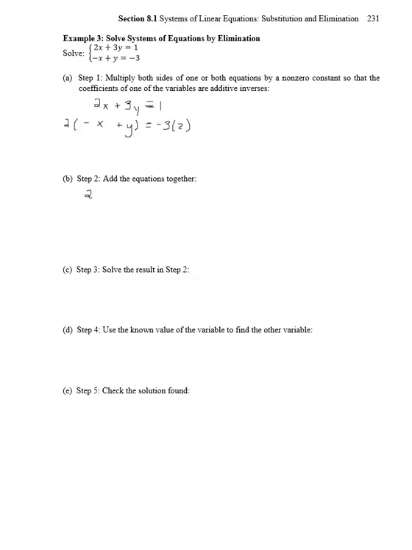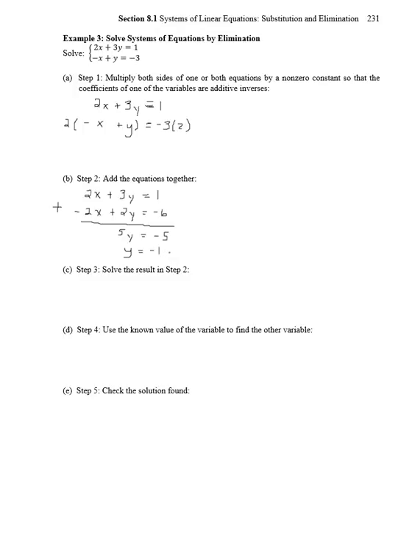So we have 2x plus 3y equals 1, and when we multiply the second equation by 2, we have negative 2x plus 2y equals negative 6. So now we add those two equations together. The x's cancel, and it leaves us with 5y equals negative 5, or y equals negative 1.